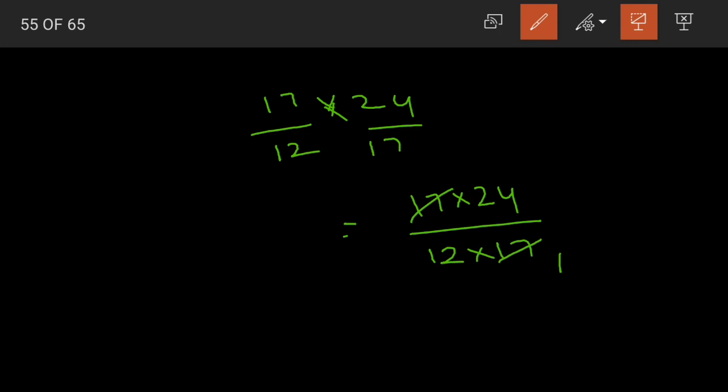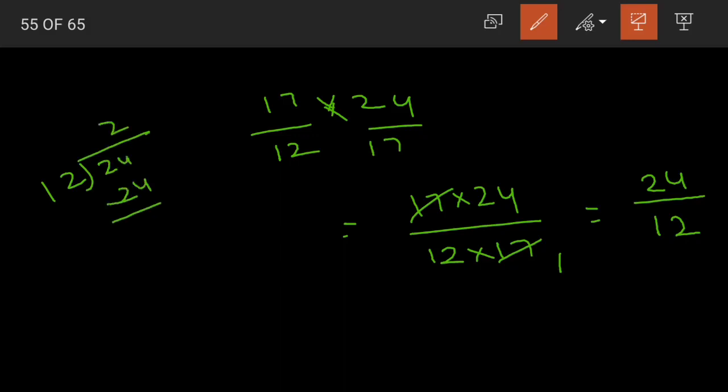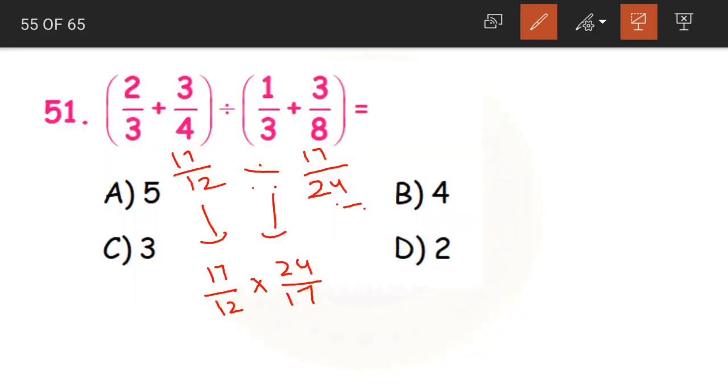Yes, it gets cancelled. And so what are we left with? In the numerator we are having 24 and in the denominator we are having 12. If we divide 24 by 12, we have 12 twos are 24. The remainder is 0. And what is our answer here? 2. 2 is the quotient here. So 2 becomes the answer.